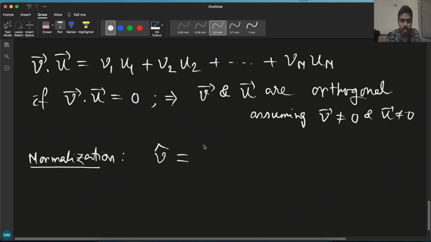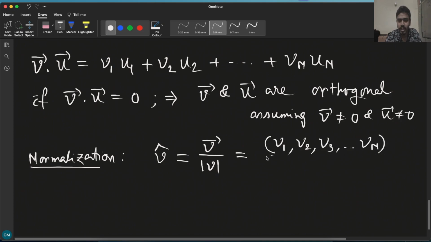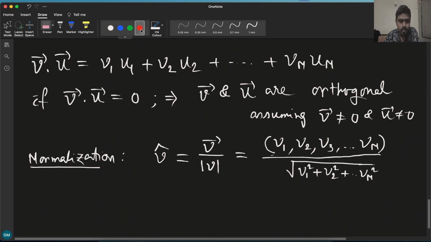So it is just the algebra: it will be v divided by mod of v, which is nothing but v1, v2, v3, dot dot dot, vn divided by root under v1 square plus v2 square plus dot dot dot vn square. And now this is a scalar, right?